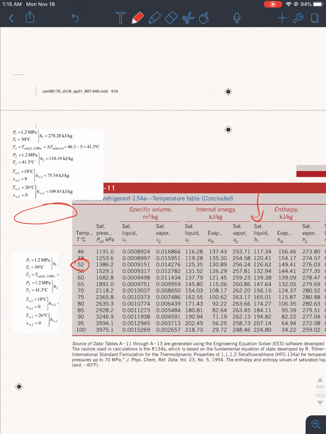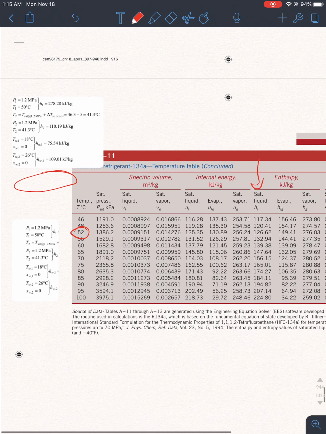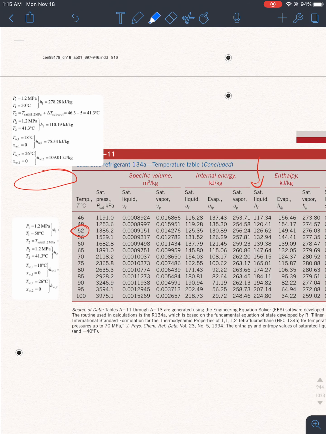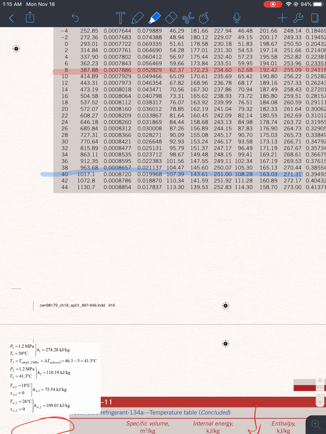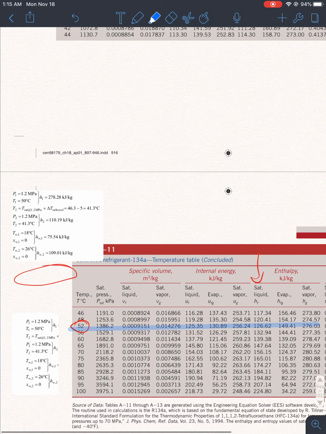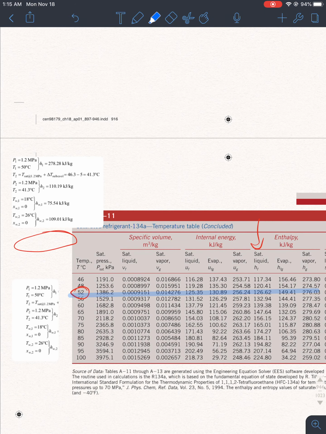We're looking at an enthalpy of 278.28. Let's see if we have that. Let's highlight around 50C, and 40C. So here's around 50, and here is 40. Is that right? We're looking for 278.28 at 50.